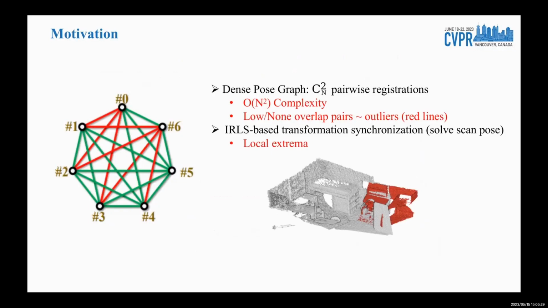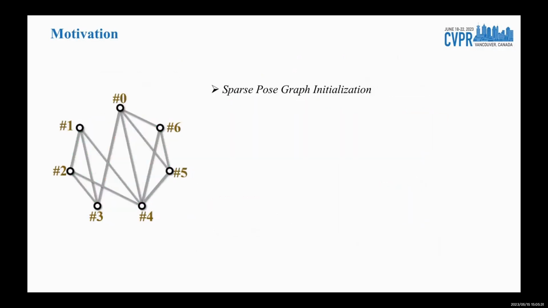Based on these observations, SGHR proposes a sparse graph construction strategy, which only requires recovering less than nk pairwise relationships in the sparse pose graph, resulting in a linear computational complexity of n. Moreover, most of these relationships are correct for coming from high overlap point cloud pairs.